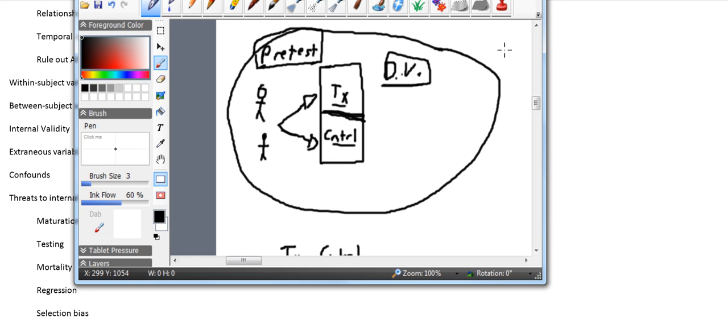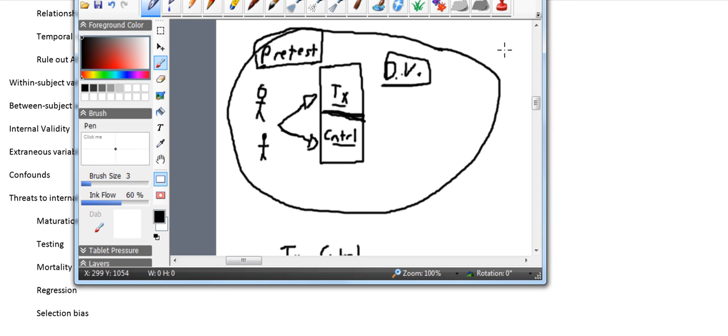Well, that would be all well and good, but let's say we also found out that the people in the treatment condition completed the measure of social anxiety at the psychologist's office, whereas people in the control condition completed it online at home. Now we've introduced a confound.